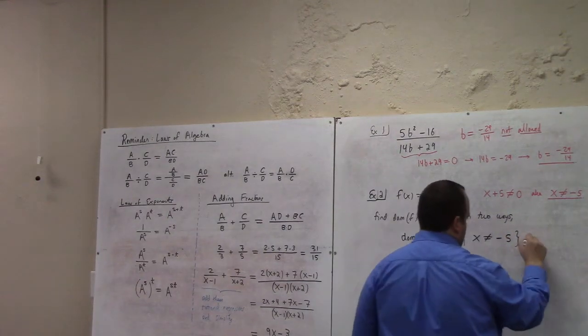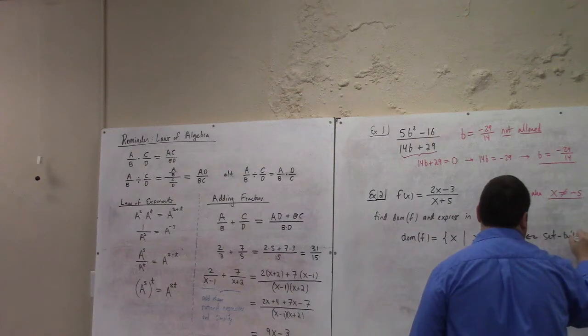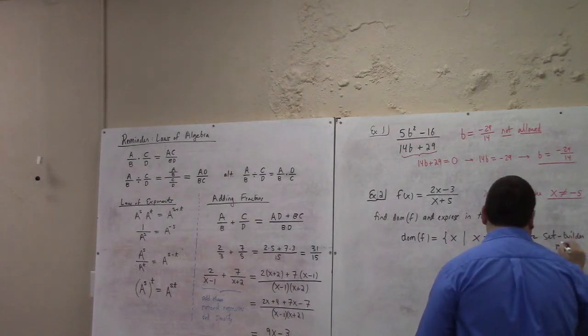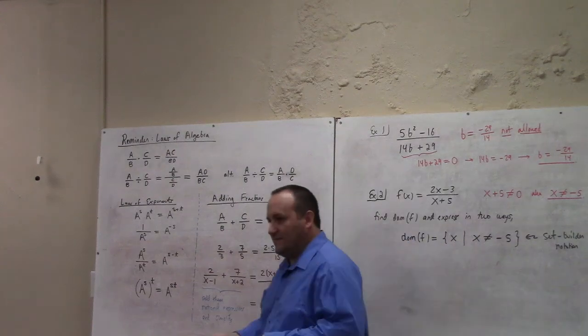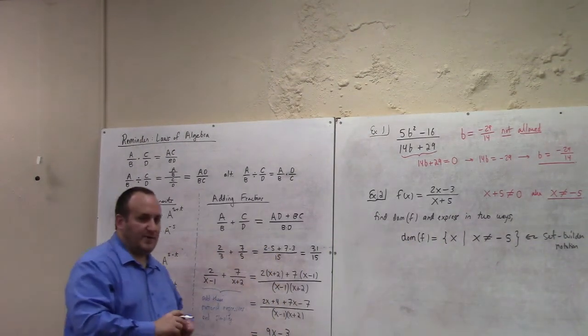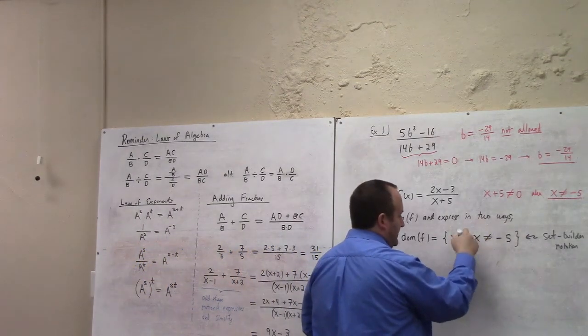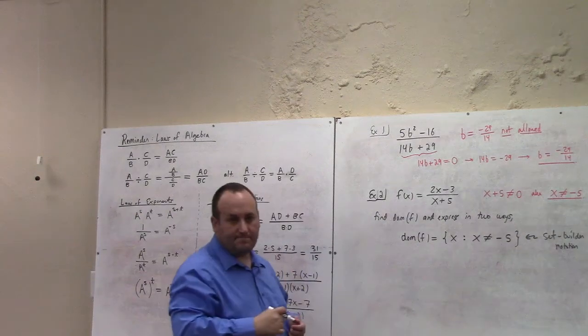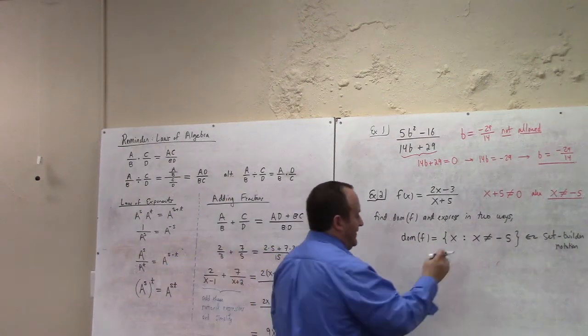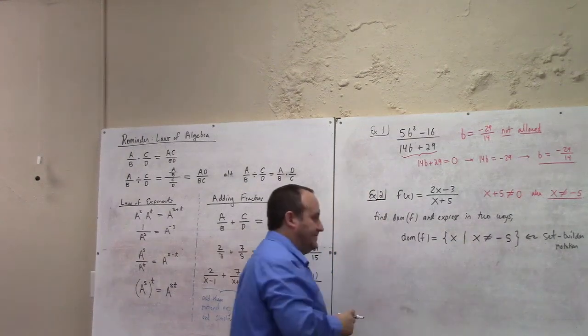So this is called set builder notation. You put the points in the set and then the condition after the bar. Some people, instead of using a bar, use a colon here. Either bar or colon, this is read as such that. I would be fine with either, obviously. It's just the two popular notations for that.